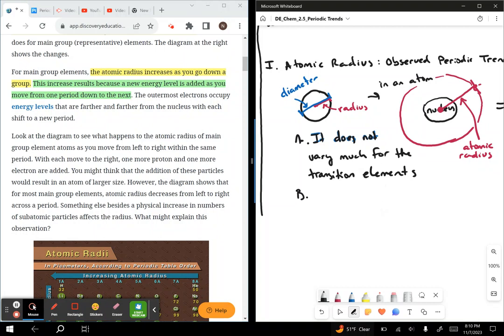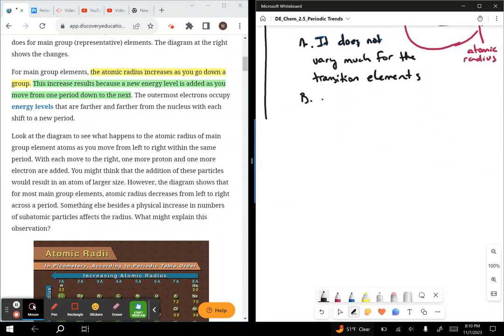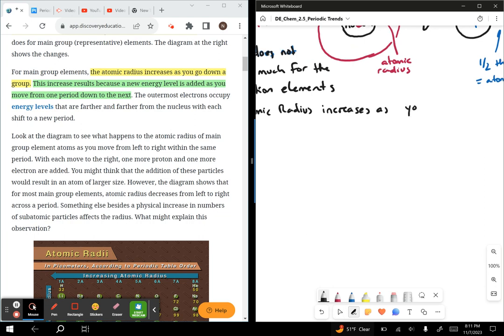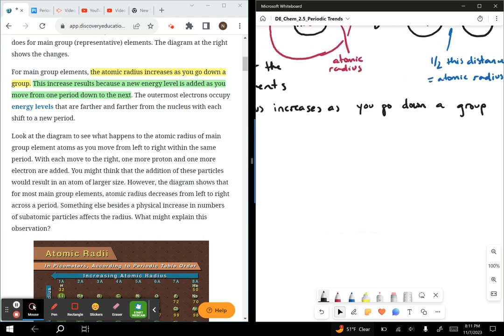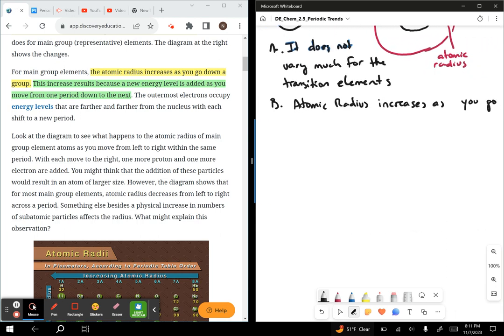B. The atomic radius increases as you go down a group. That is good information.